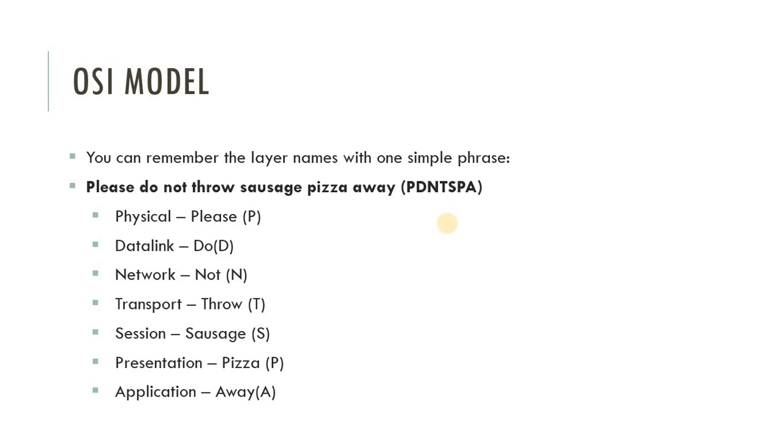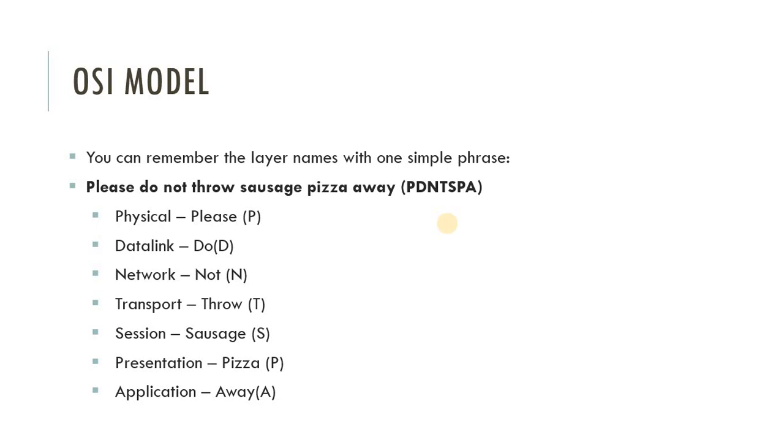Here we relate please with the physical layer, do with the data link layer, not with the network layer, throw with the transport layer, saucy with the session layer, pizza with the presentation layer, and away with the application layer. Okay, so I hope you all like pizza, and you do not throw pizza away. I hope by using that phrase you can easily remember the layers of the OSI model.